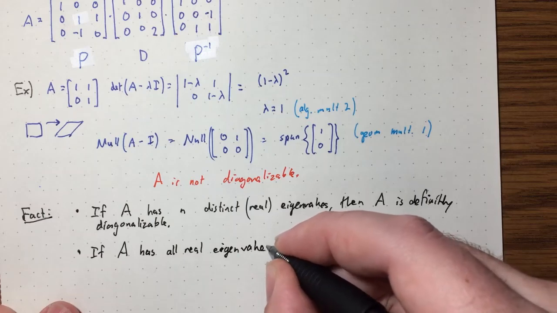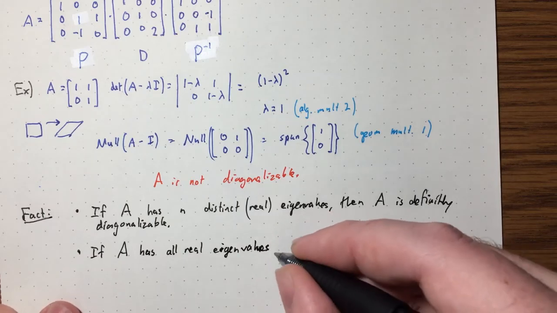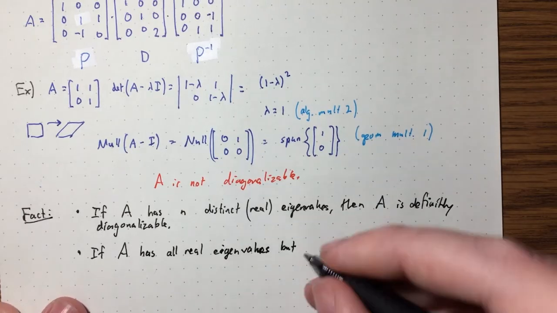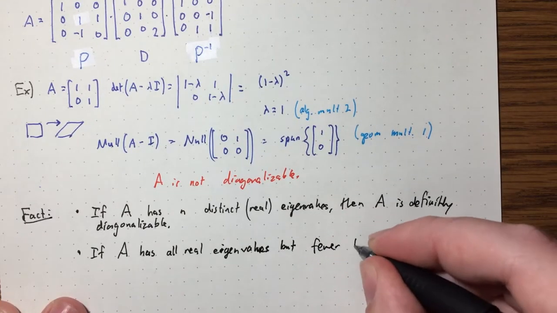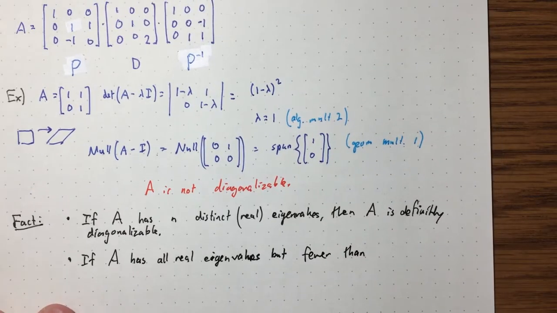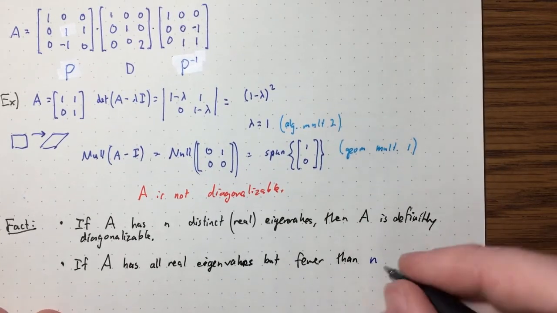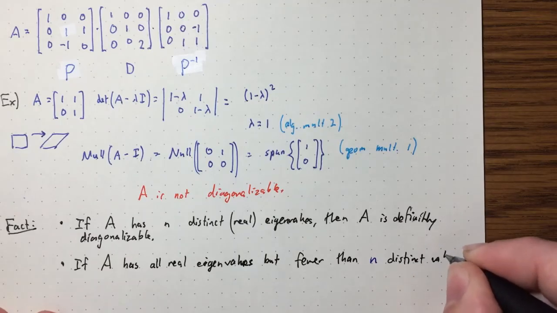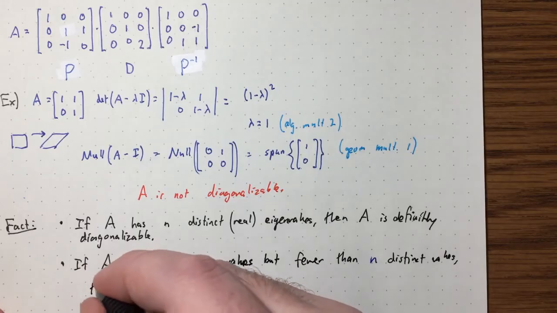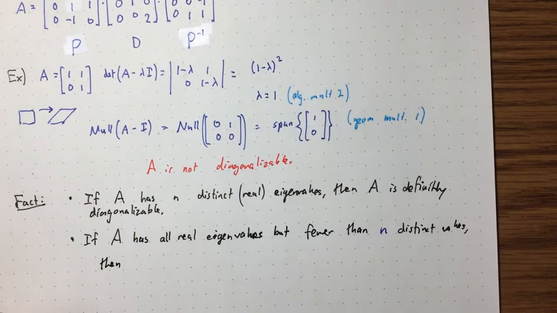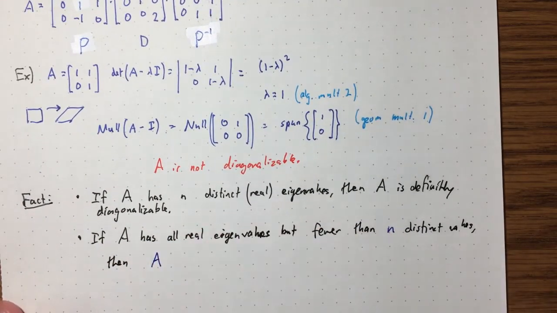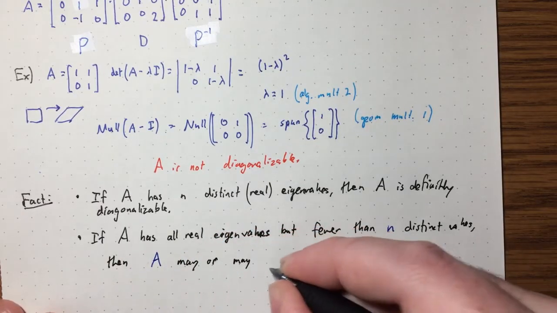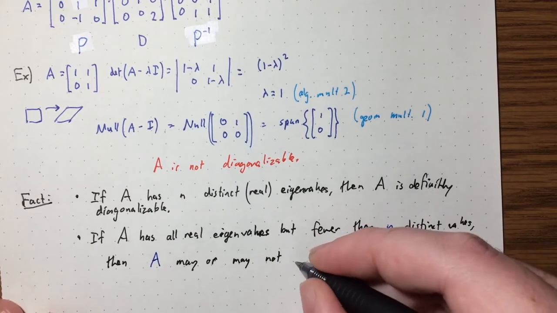So if A has all real eigenvalues, but fewer than n of them distinct values, then what's the deal? Well, the deal is that A may or may not be diagonalizable. We just saw two examples.